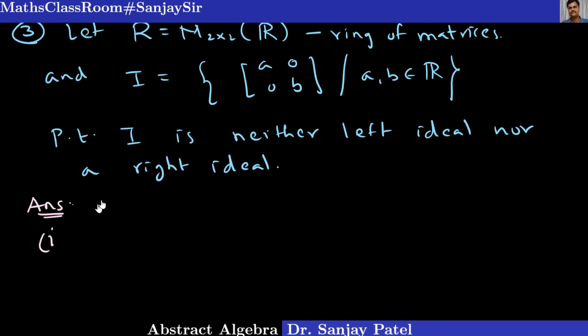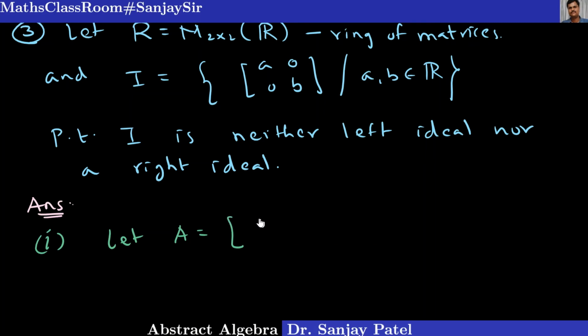So first part, let me consider that this is not a left ideal. Let us take one element, say A equal to P, Q, R, S. Or let me take some particular values instead of the general case; that will be easier for you to understand.